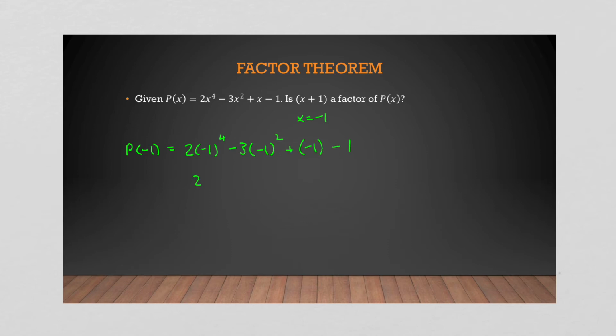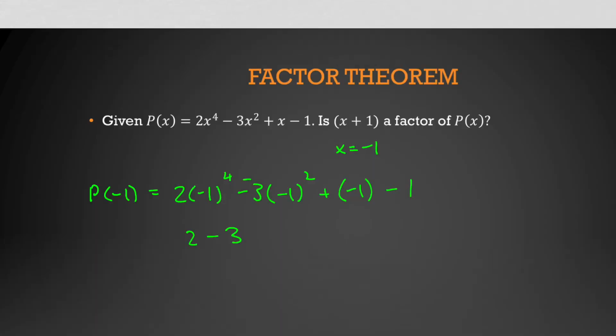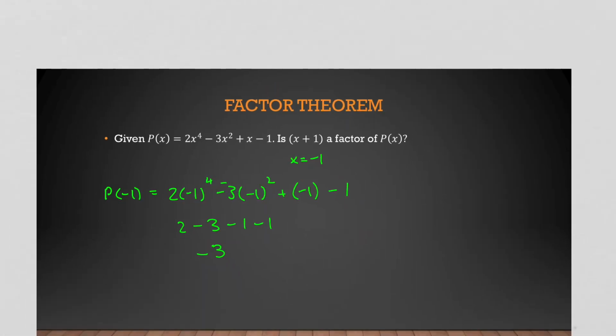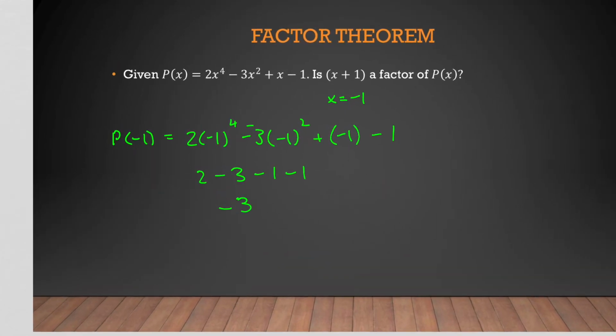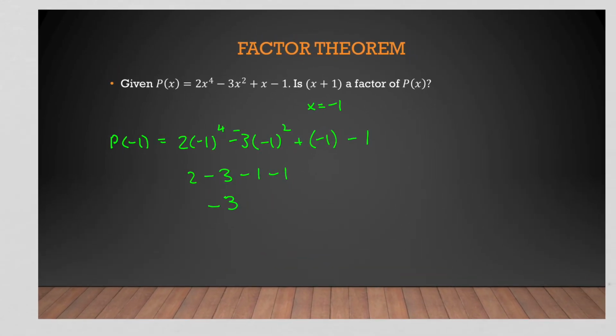So that's 1 minus 3, whoops, quick zoom in, -1 minus 1, which gives us -2, -3. So we get a remainder of -3. I'm going to zoom out here, so bear with me. There we go. And that's not a factor because we get a remainder of -3.